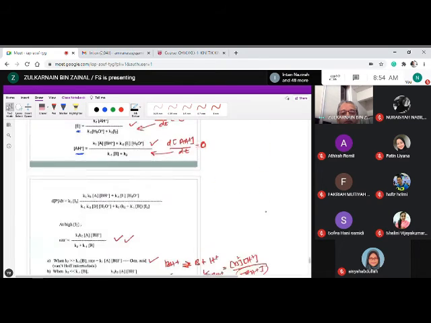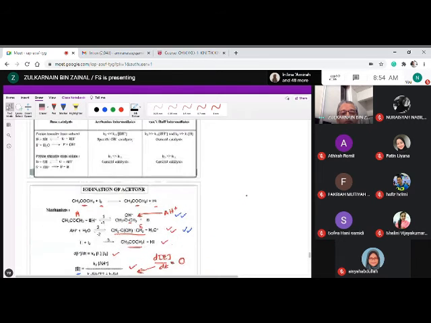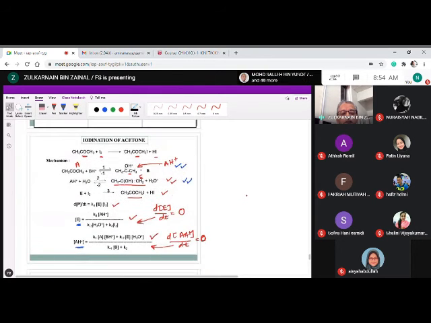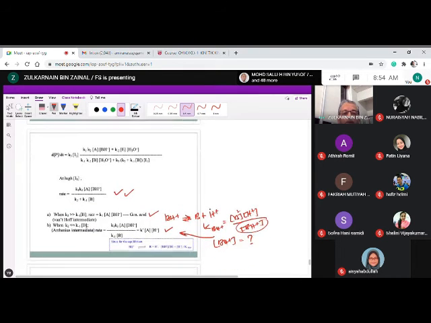Okay, that ends part 1. So what we're going to do is just to go back to the reaction and try to derive it and show that the rate of reaction is equal to this one.